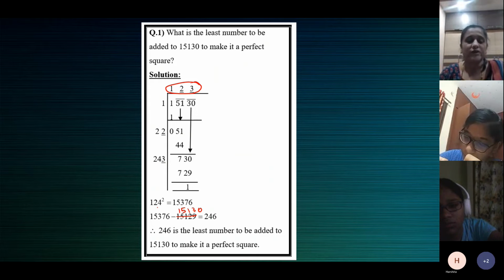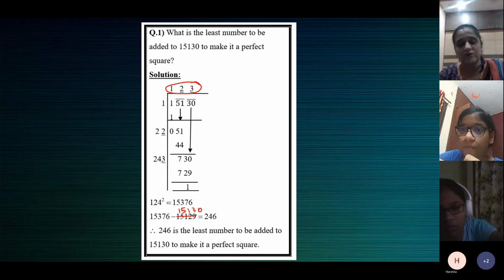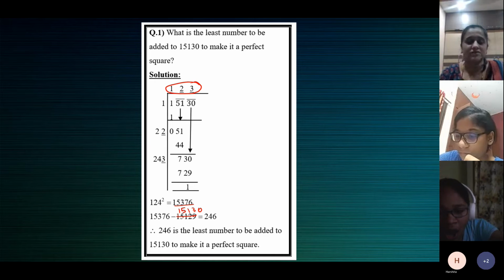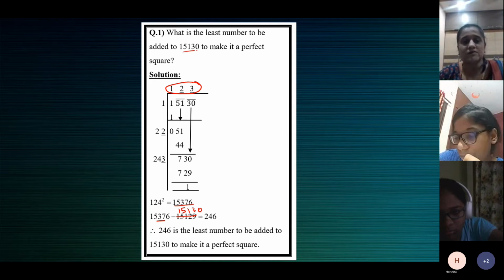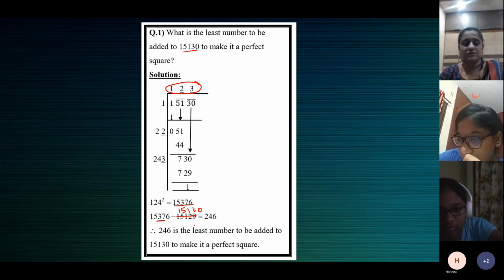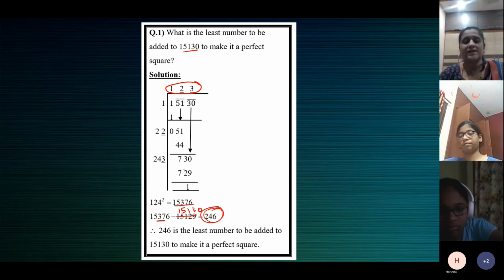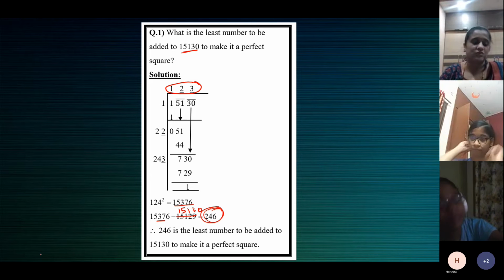Find the square of 124, that is 124 into 124, and it is 15,376. Now this number, 15,376, minus the given number, 15,130, gives us 246. And this is the smallest number to be added to the given number to make it a perfect square.